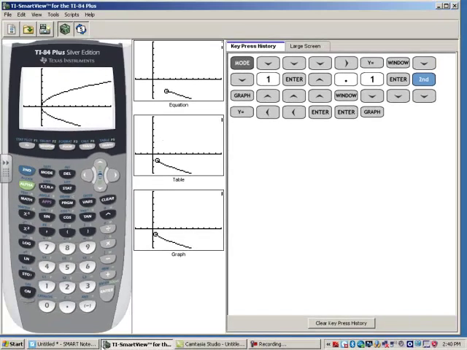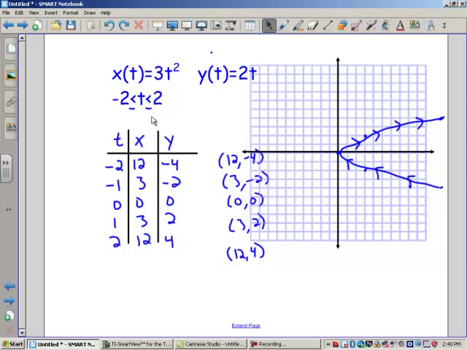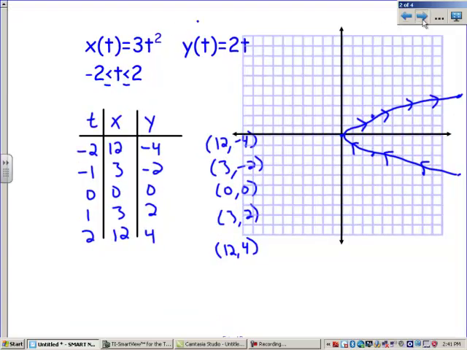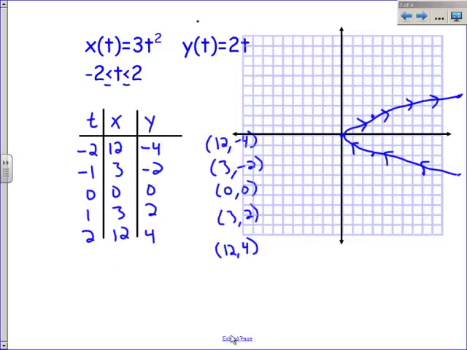Okay, so let's go back here to this, and let's unparametricize these. I really don't know if that's a word, but it's called eliminate the parameter. And to eliminate the parameter, we are going to get this in like y as a function of x is what I want. Alright, I don't want to be there yet. So let me just extend this page.